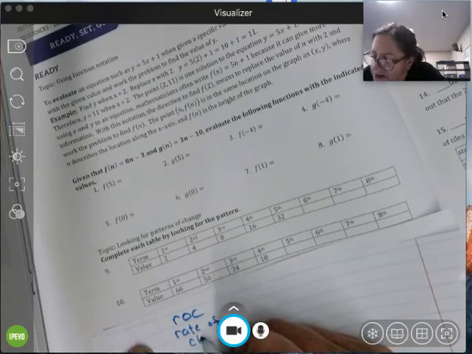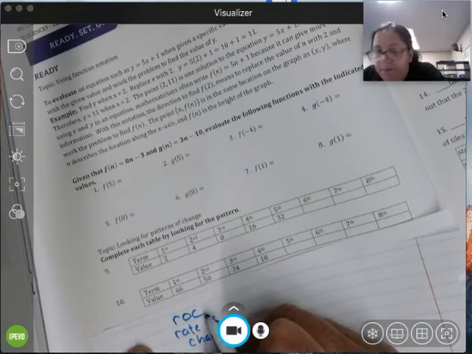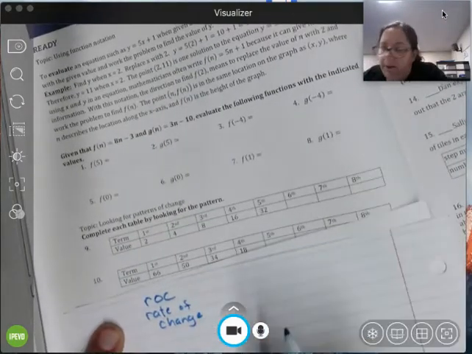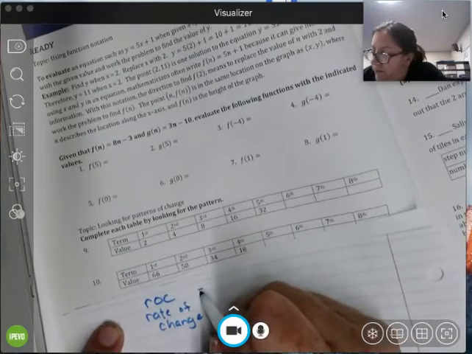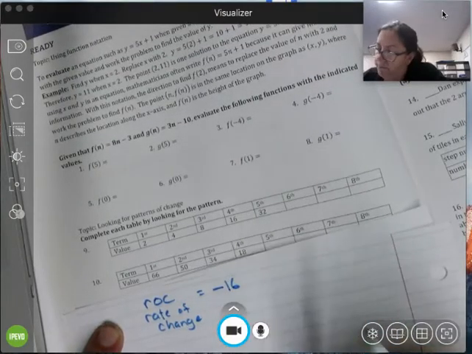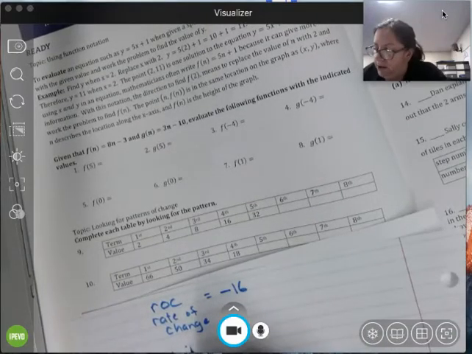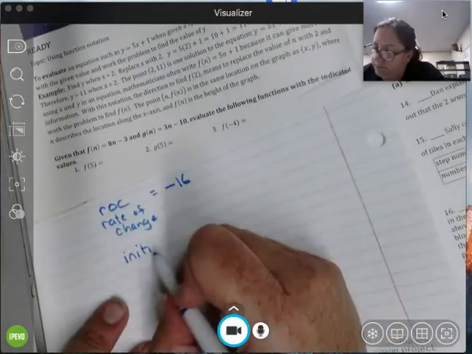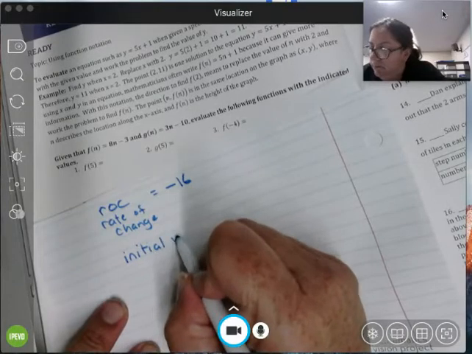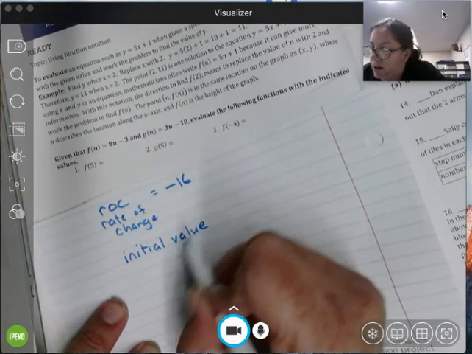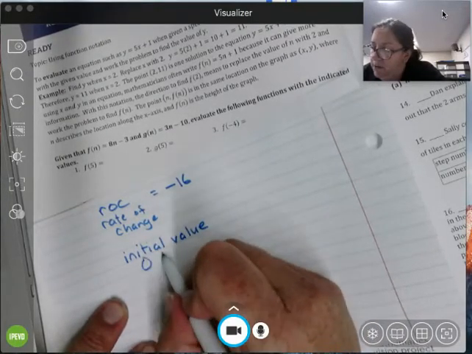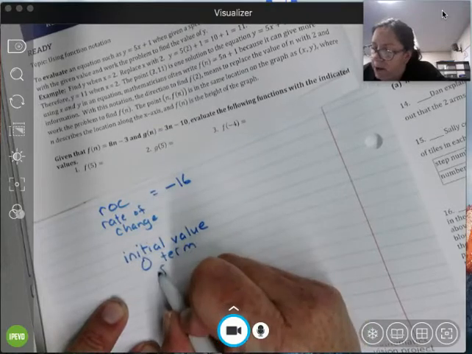I write ROC for rate of change because I think it's kind of cool. So you have to know your rate of change. And on this one, my rate of change was minus 16. The other thing we have to know is the initial value. And that's the zero term, or f of 0.